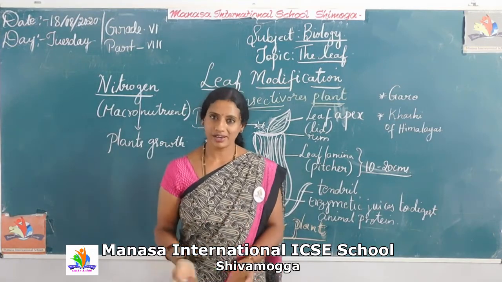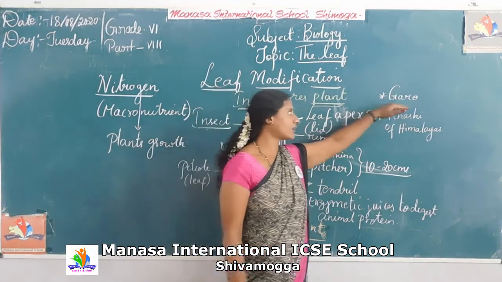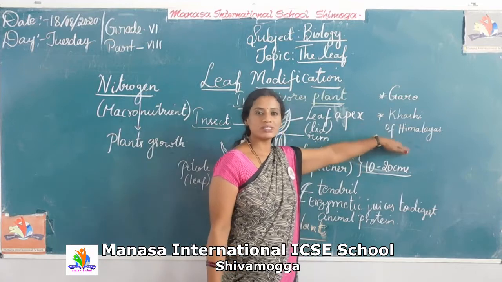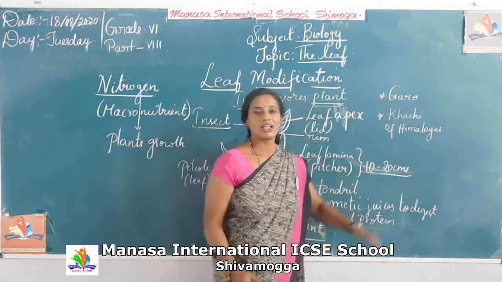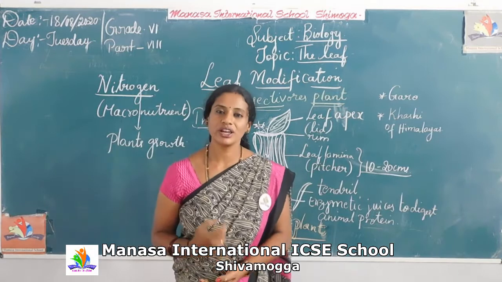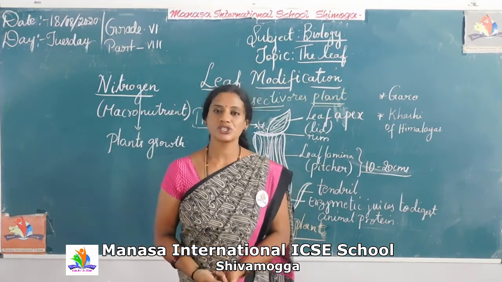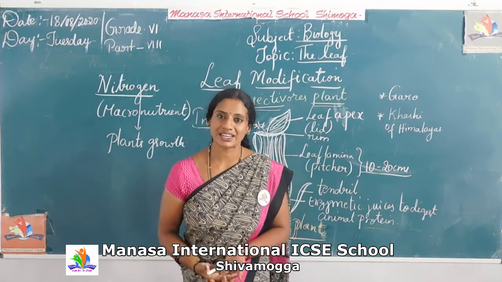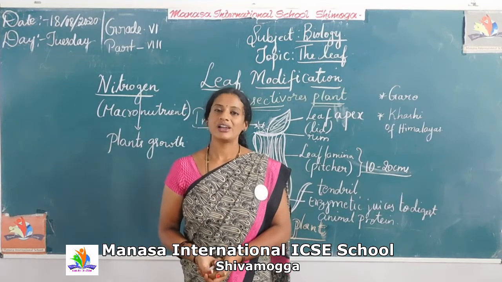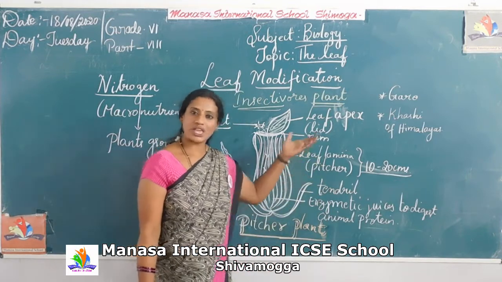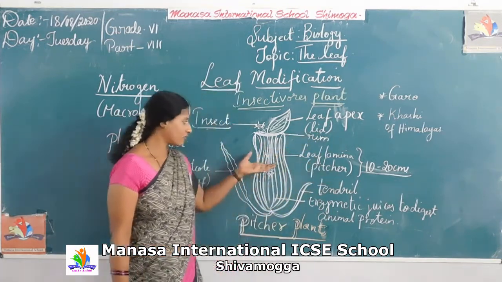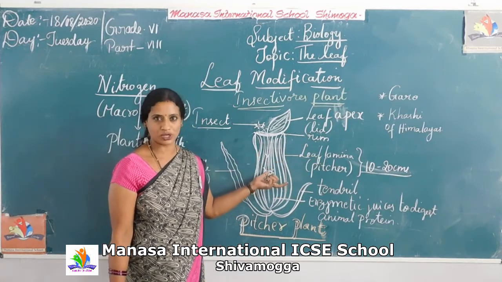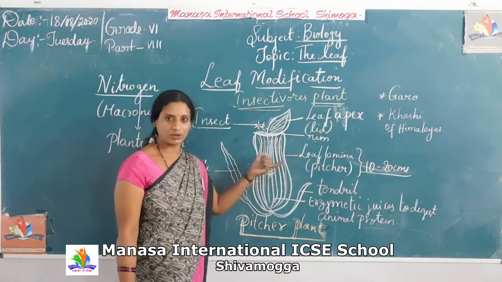But in certain areas, like the Garo and Khasi hills of the Himalayas, the soil has nitrogen deficiency. What is deficiency? Less content. The soil has less nitrogen, and hence certain plants have modified to overcome that shortage of nitrogen, because anyhow they need it for growth, right?